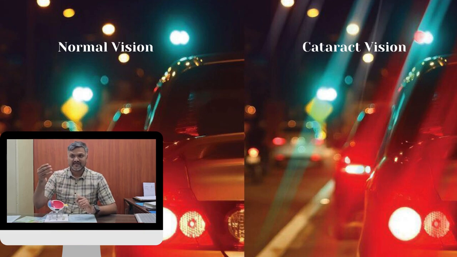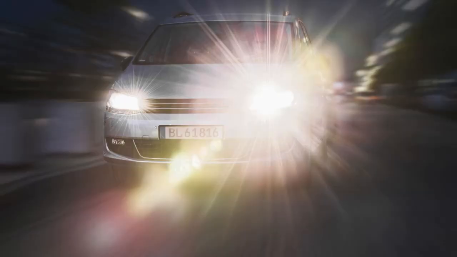They might see splaying of light, in the sense that at night when you see the tail lamp or headlight of a car, the lights are not circles, they will be splaying out, like one horizontal line more than the other. It can also be that when you see a light at night, like headlamps or a bulb at home, it can give halos, meaning the light spreads out.